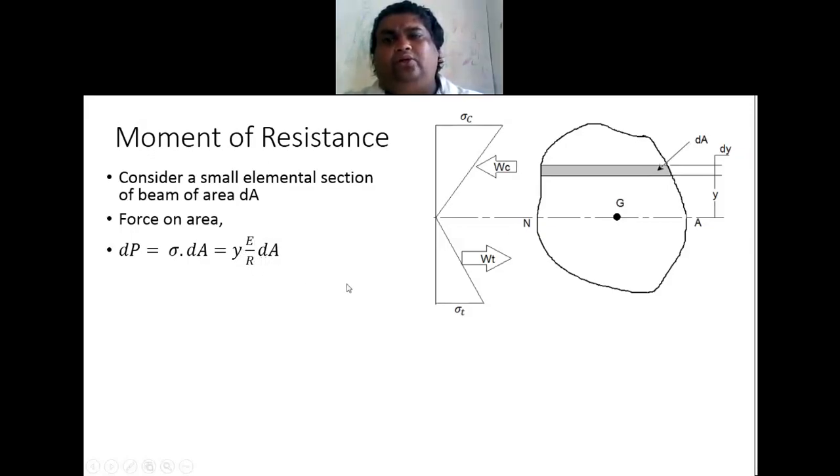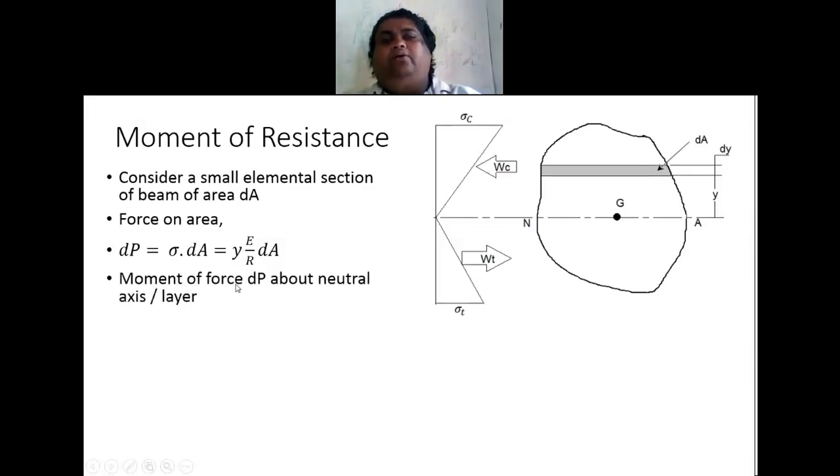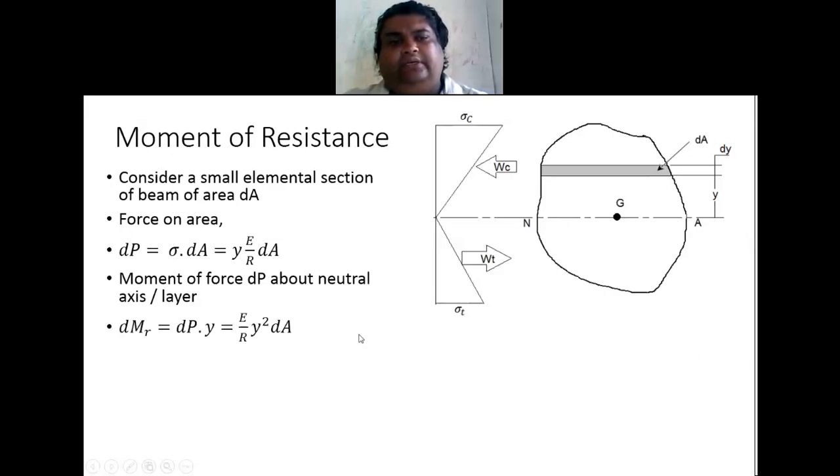Now to find the total force, I have to take the moment of this force dP about the neutral axis, because this is the moment of resistance. dP is the resistance force, and the moment of this force about the neutral axis is called the moment of resistance, right?